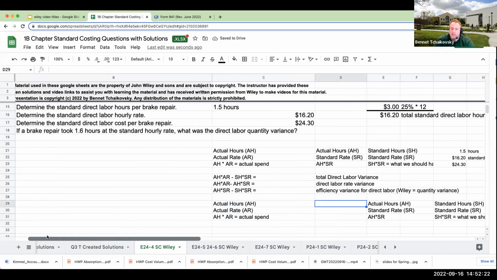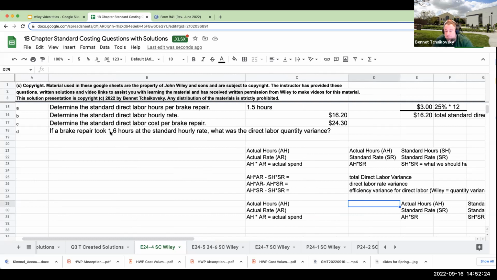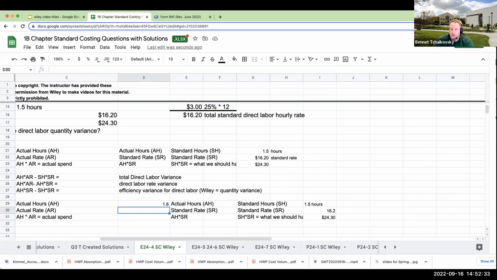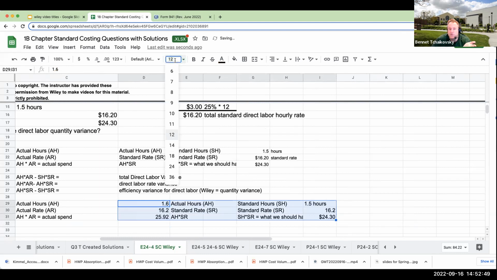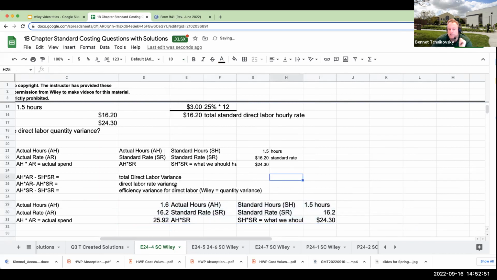But what it tells me is that it took me 1.6 hours. So this is what I actually spent doing it. But it was at the standard hourly rate, meaning my standard hourly rate is $16.20, so the actual cost is $25.92. Now, the first thing I want to say to myself is, is this overall variance favorable or unfavorable?